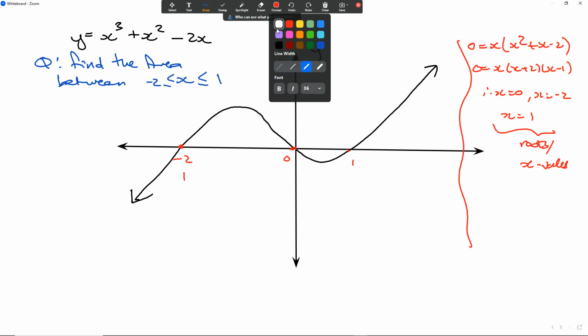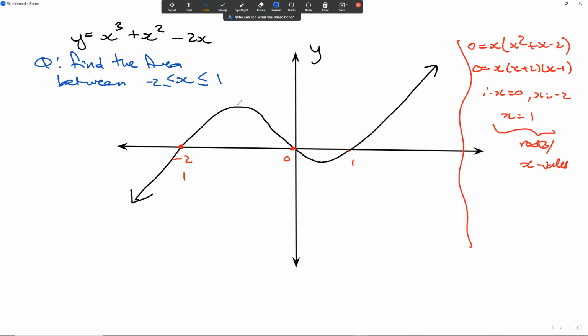And so what I need to do now is integrate it from negative 2 until 1. So what I'm going to do is integrate from negative 2 until 0 using the definite integral method, right? So here we go. From negative 2 until 0 of x cubed plus x squared minus 2x dx.